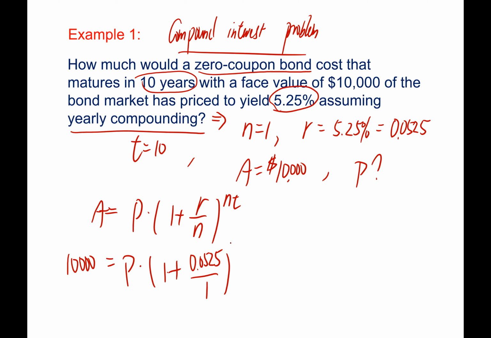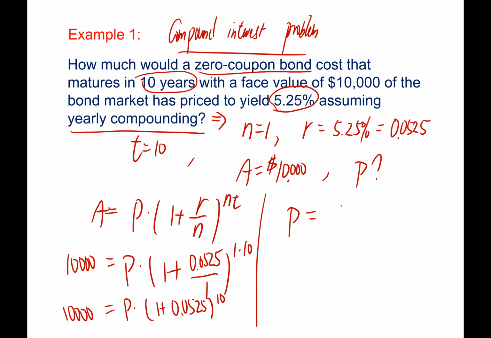And the nt, n is 1 times t is 10 years. Okay. So this basically becomes a problem of solving for the principal amount P times (1 plus 0.0525) raised to the 10th power. And if you divide both sides of the equation by the exponent, the principal equals 10,000 over (1 plus 0.0525) raised to the 10th power.